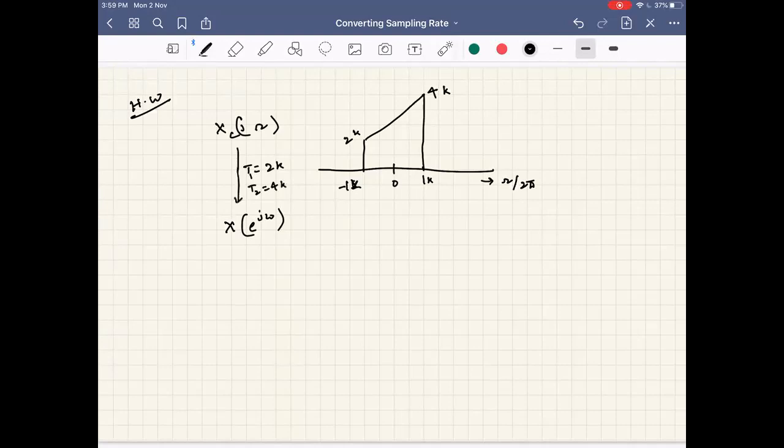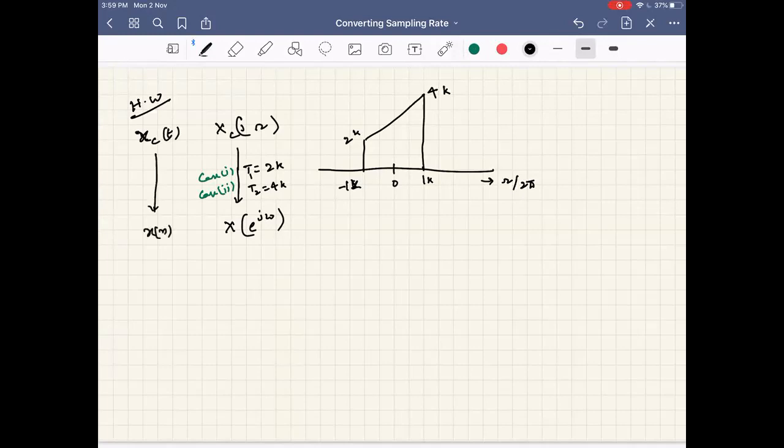That is case 1, and this is case 2. Now from this xc of t, when we sample in either of these two cases, we will get x of n.